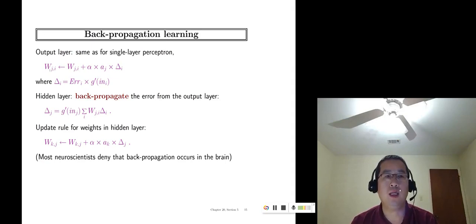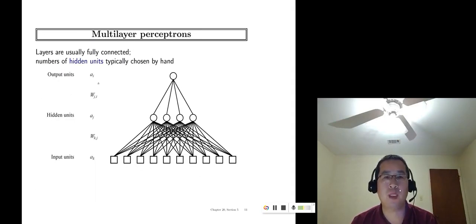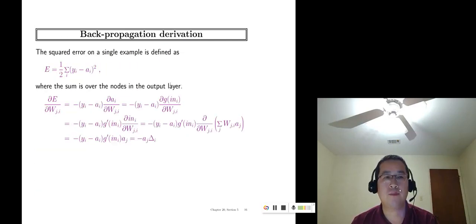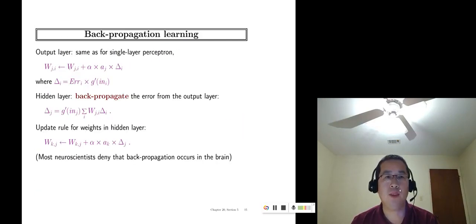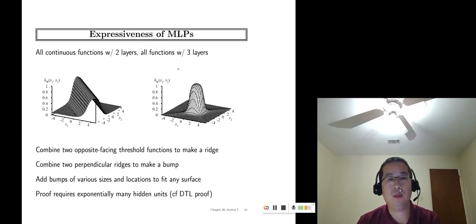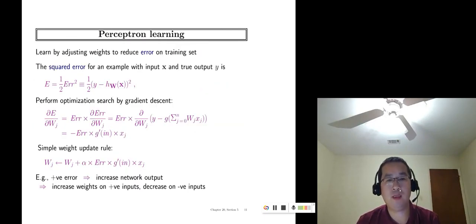So it's Wji, the initial Wji plus alpha times aj times delta i. Here delta i means the error, and we represent this part to be delta i.